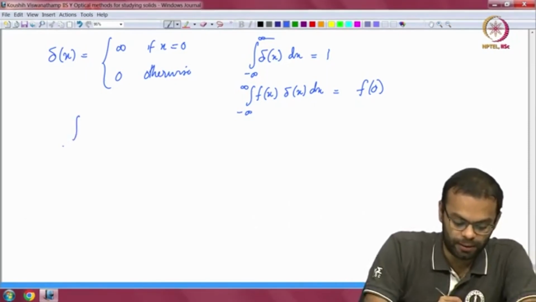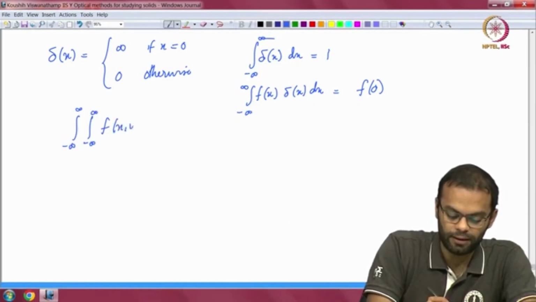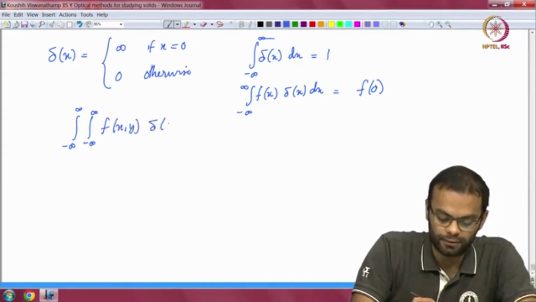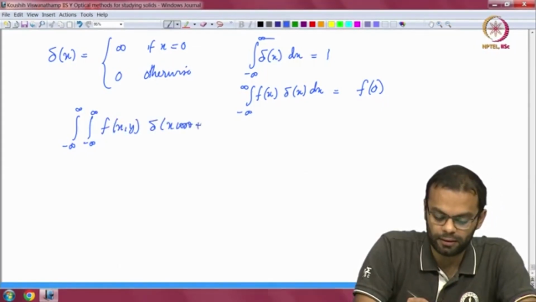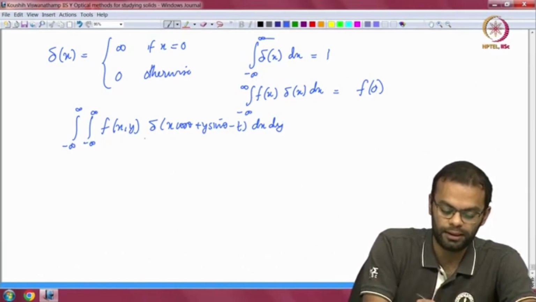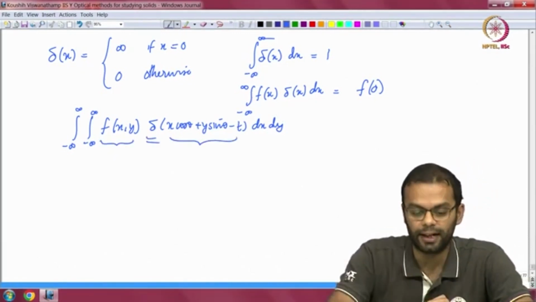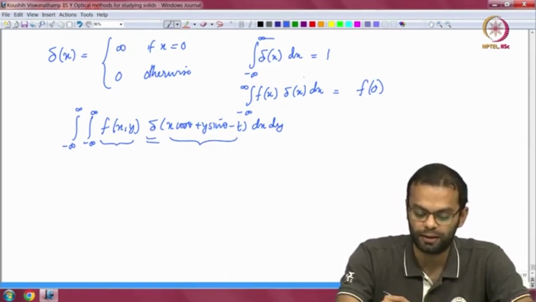So, when we wrote this double integral, it basically means that when you had f of x y delta of x cos theta minus t dx dy, this delta is only picking out the values of f along this line, right, just like x equal to 0 was picked out here.